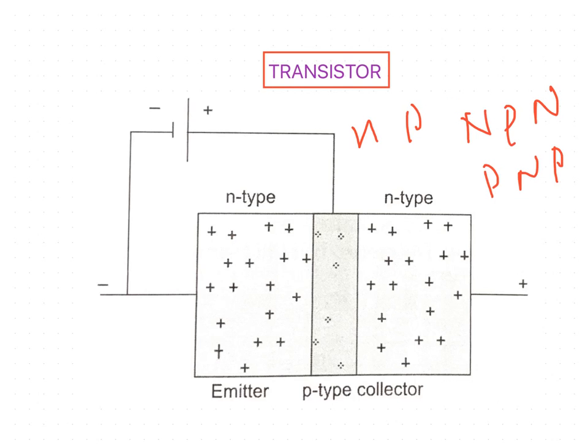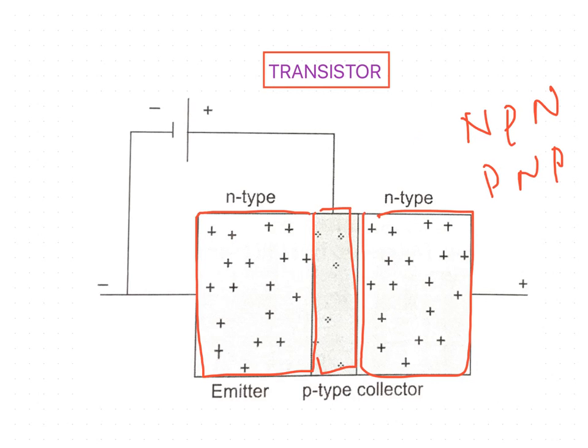Okay, in an NPN transistor, it consists of two thick layers of N-type semiconductors, and one thin layer of P-type semiconductor.